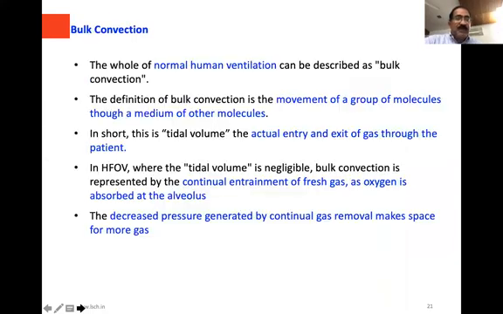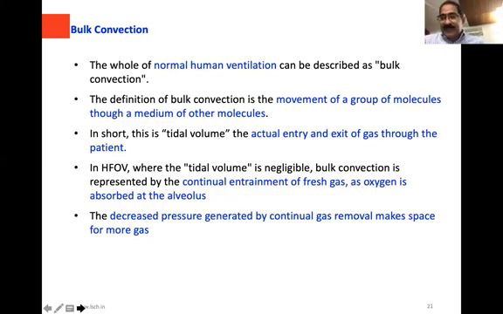So let's talk about bulk convection. In bulk convection, more gas is entrained into the alveoli by the vacuum left when oxygen is absorbed into the capillaries. The whole of normal human ventilation can be described as bulk convection. The definition is the movement of a group of molecules through a medium of other molecules.